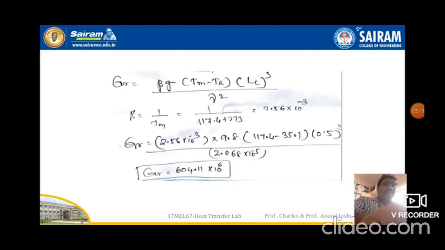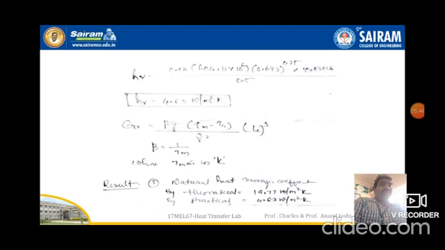Once we have the thermal conductivity, we find the Grashof number, which is beta g into (Tm minus Ta) into Lc to the power of 3 divided by nu square, where beta is equal to 1 by Tm, and Tm is the mean temperature we already calculated. 1 by Tm is 2.56 into 10 to the power of minus 3. Substituting the values, the Grashof number is 604.11 into 10 to the power of 6.